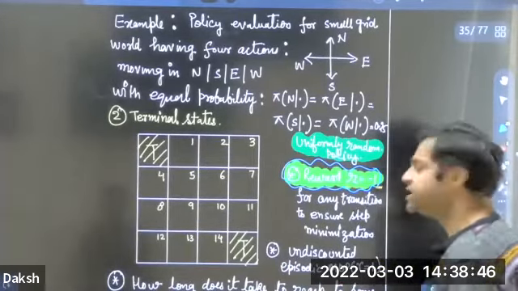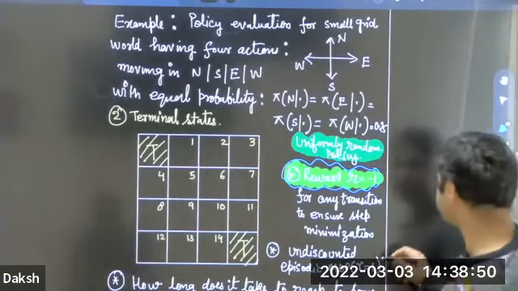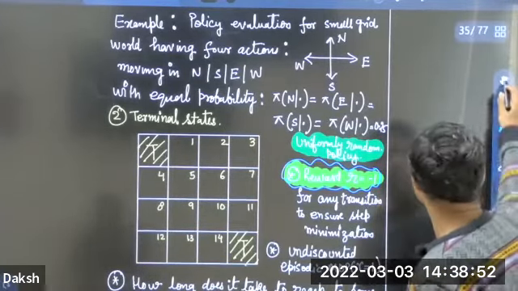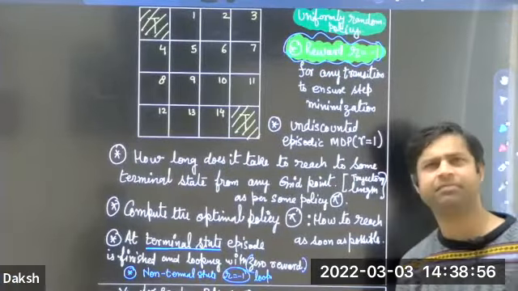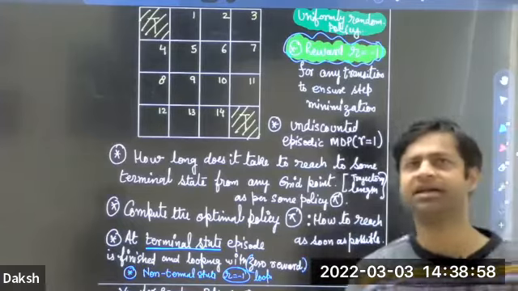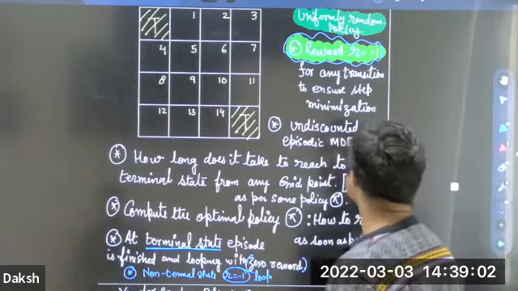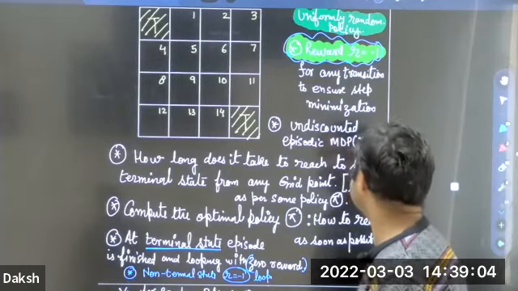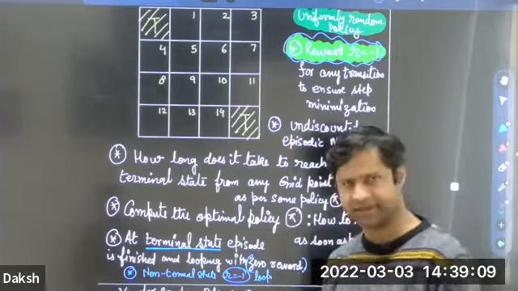Reward is anyways -1 because you are expected to take as few steps as possible. Right now we are utilizing an undiscounted MDP just for the sake of completeness. Gamma is equal to 1. How long does it take to reach some terminal state from a grid point? We need to compute the optimal policy.